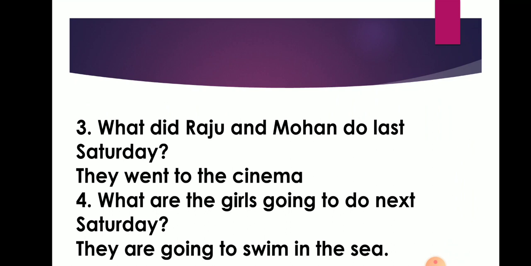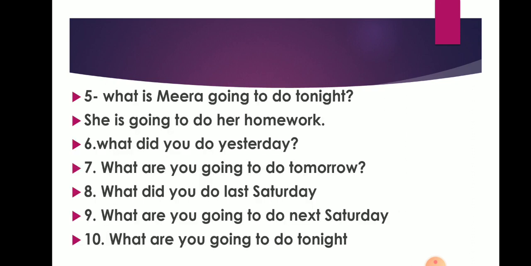They went to the cinema. Next: what are the girls going to do next Saturday? They are going to swim in the sea. Next: what is Meera going to do tonight? She is going to do her homework.